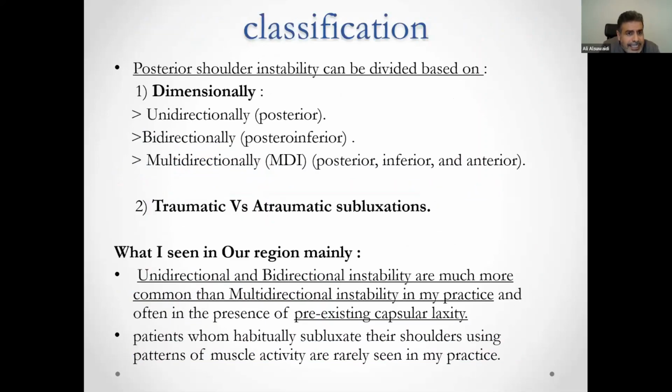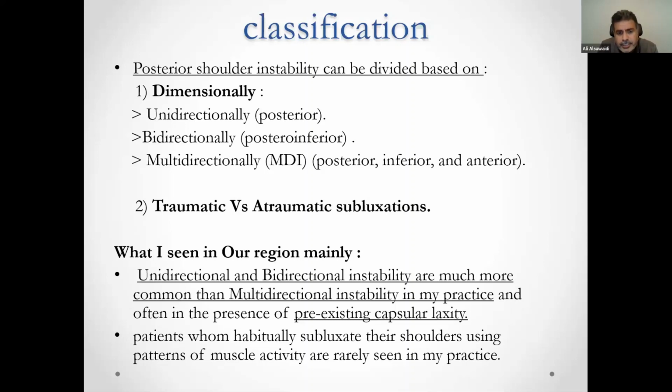So when we talk about classification, which is mentioned in the textbooks, you can go dimensionally, whether unidirectional or bidirectional. I'm not going to discuss MDI, or multidirectional instability, in this talk. Another classification is traumatic versus atraumatic subluxation. What I've seen in our region is mainly unidirectional and sometimes bidirectional.